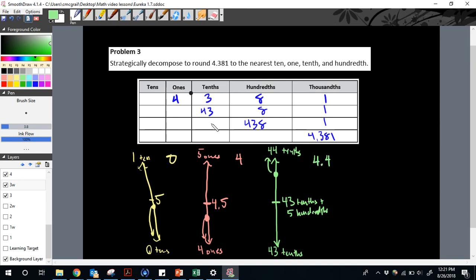We have one more to go, so let's draw our fourth number line. This time, we're going to be rounding to the nearest hundredth. Now, we're looking at our column that has the greatest number of hundredths. How many hundredths does this number have? It has 438 hundredths. So what number is going to go at the top of our number line? 439 hundredths.